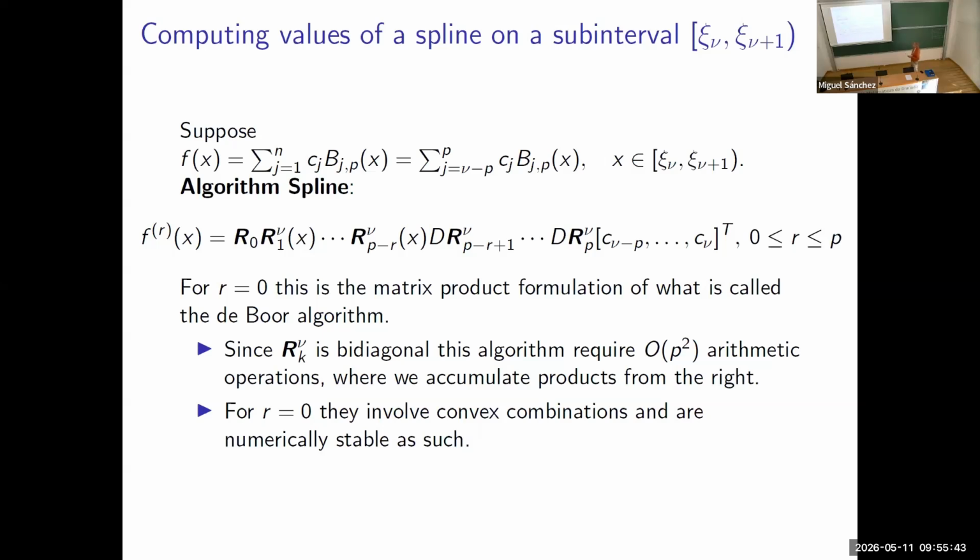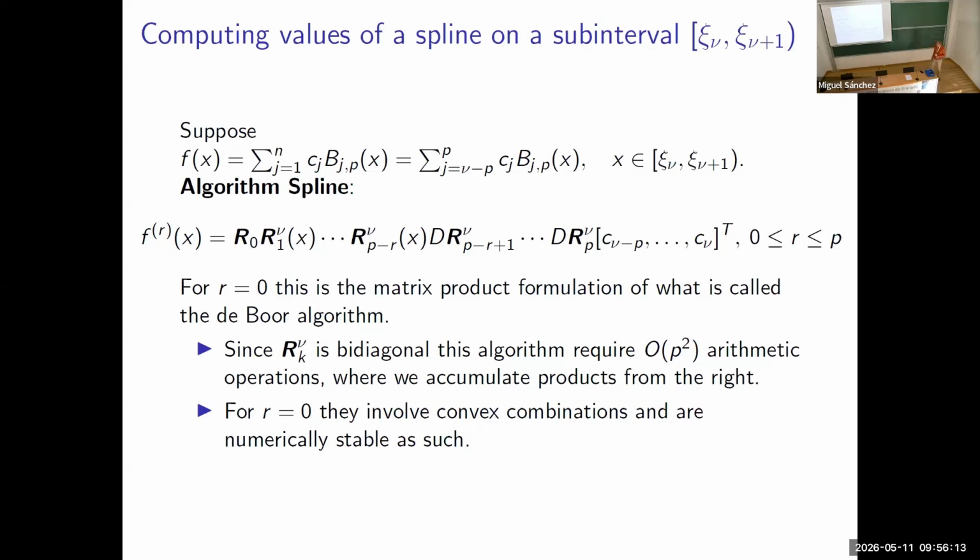And what's the complexity of this formula? Well, each of the matrices is bidiagonal. So if you multiply that for any r, you get an algorithm requiring order p squared arithmetic operations. And we accumulate from the right, we start with the c, then multiply by the first DR, and go down to 0, right?